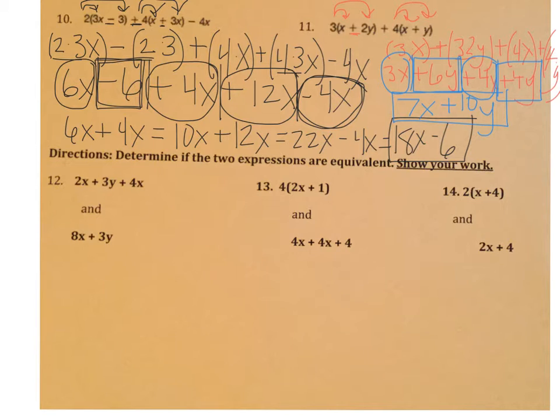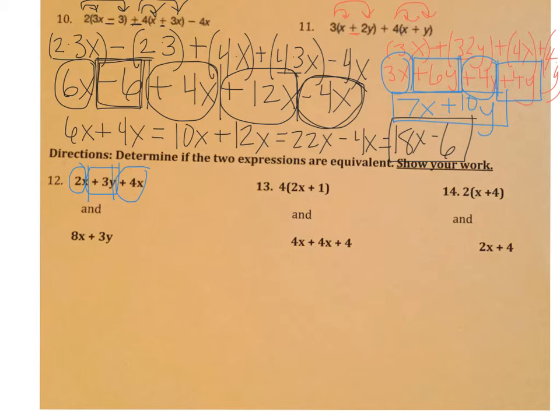All right, for the next section, we're going to determine if the two expressions are equivalent, and make sure you show your work. So I have 2x plus 3y plus 4x. And I noticed right away that I can go ahead and combine some like terms there. So I'm going to go to the left. I'm going to give my 2x a circle, and I'm going to give my plus 4x a circle, and then my plus 3y is going to get a box.